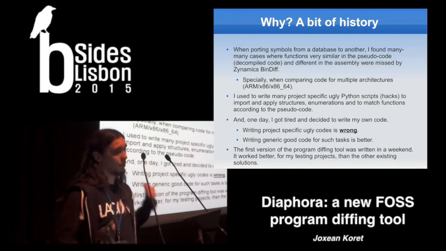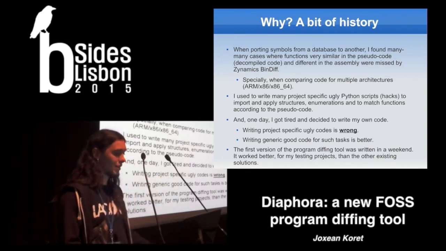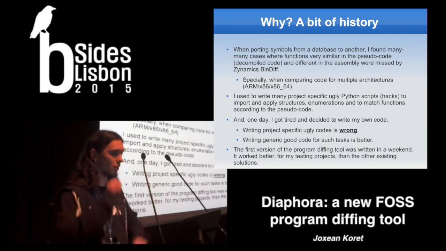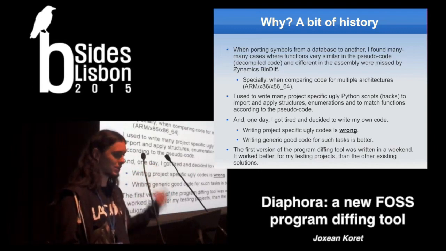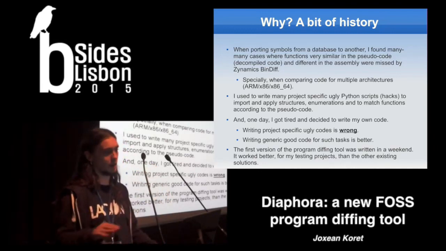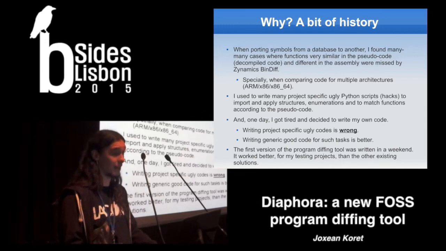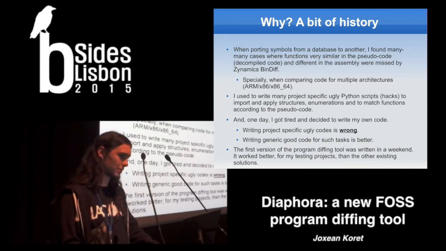Well, in the past, before writing that project, Diaphora, I used to write many project-specific hacks, ugly Python scripts to port my structures, to apply the unions, etc., for each project, until I got tired and decided that it was better to write a generic tool than ugly hack scripts for every new project.